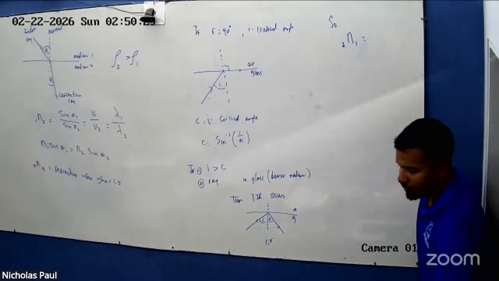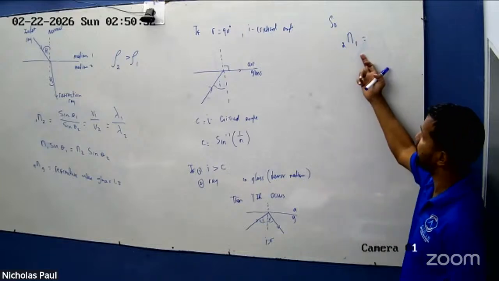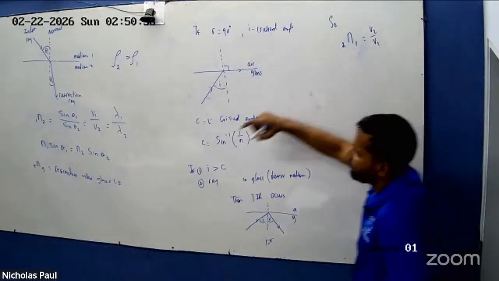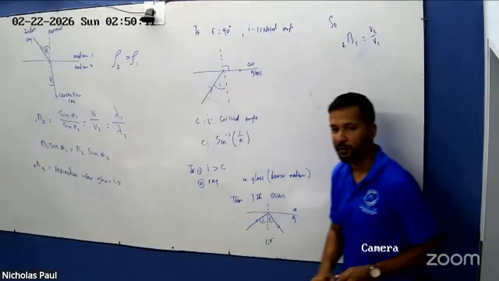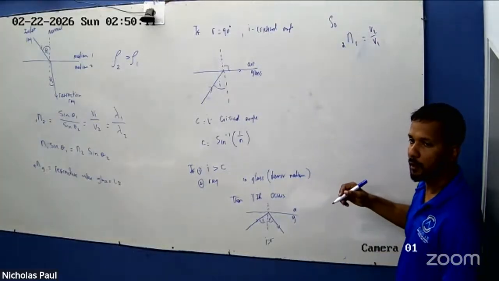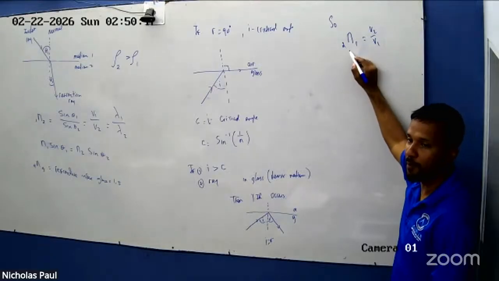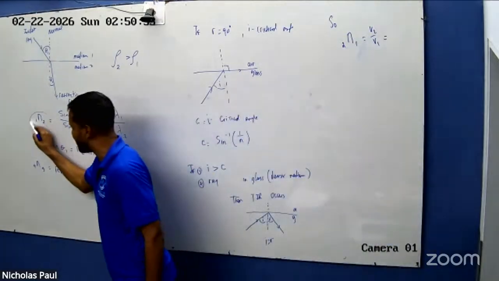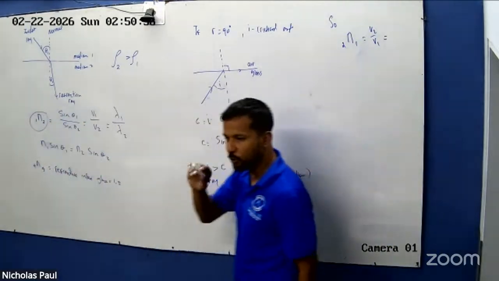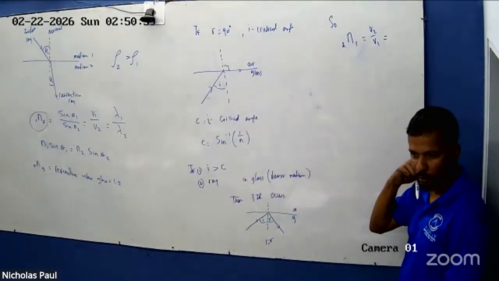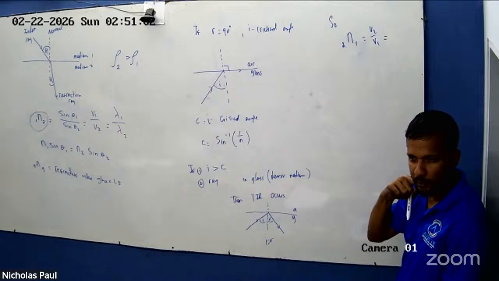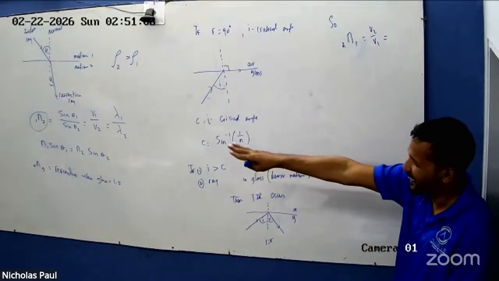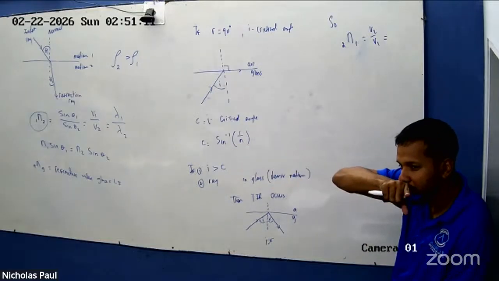Sorry, so I was asking for a relationship between V2 and V1. If it's V2 and V1, in terms of this, what will it be? What I'm asking is in terms of this, what is 2 1?